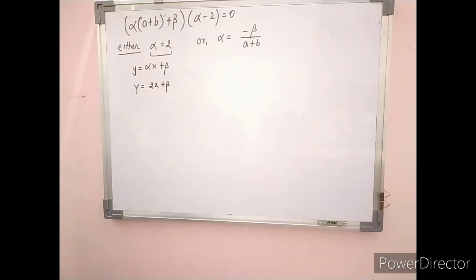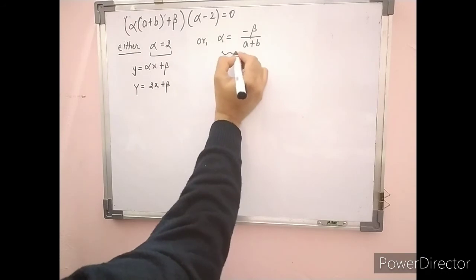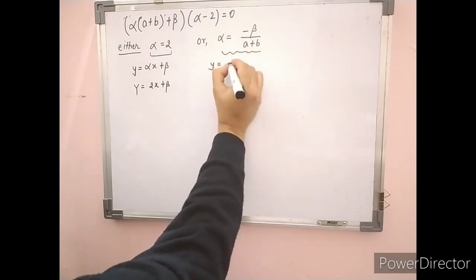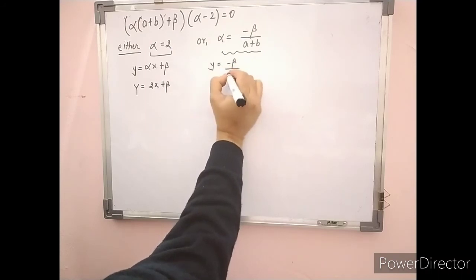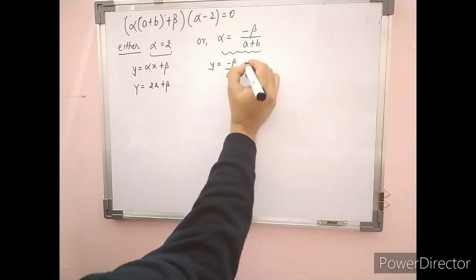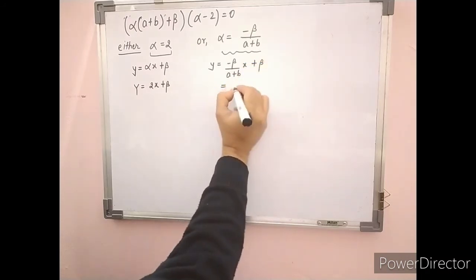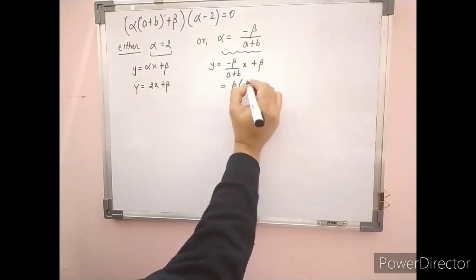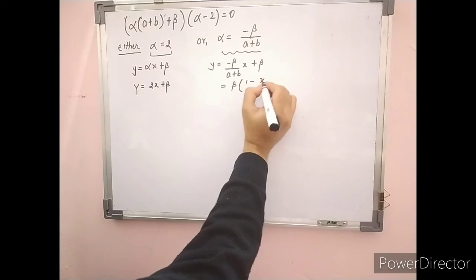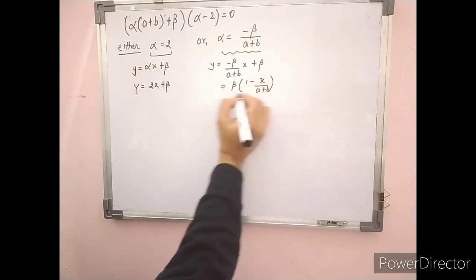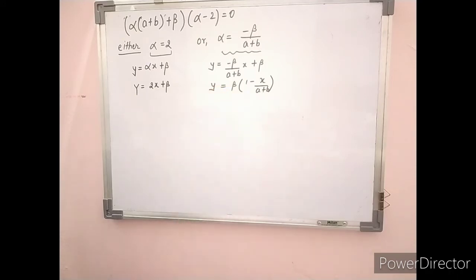And if we assume this other value, then we can write it as y is equal to minus beta upon (a plus b) times x plus beta, or we can write it like this: beta into (1 minus x upon a plus b). This is equal to y.